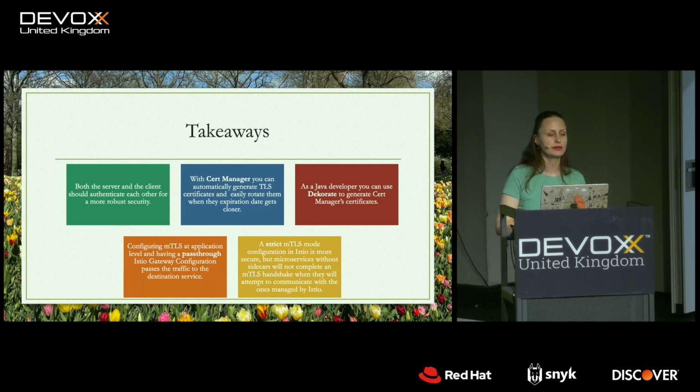That can be generated. You can configure mTLS in pass-through mode, but you should be aware that in pass-through mode at Istio level, you're passing the traffic to the destination service. Without Istio, we were still using a pass-through, but only Kubernetes, and we were, again, passing the TLS traffic to the destination service.